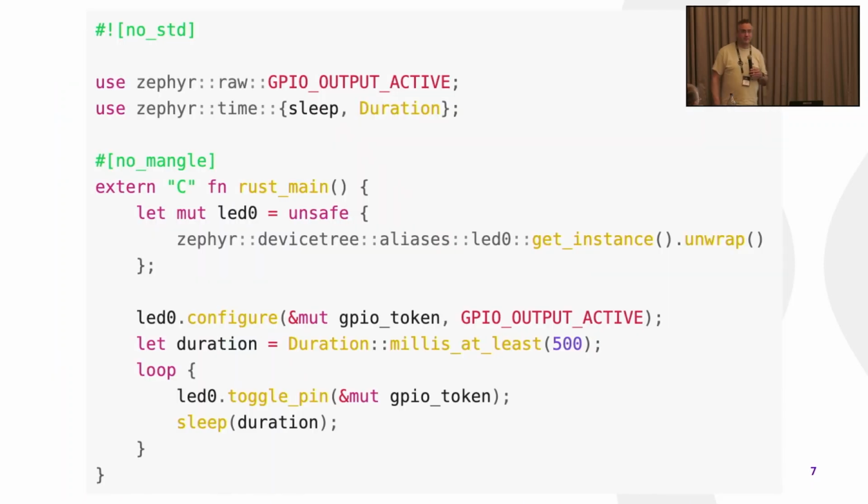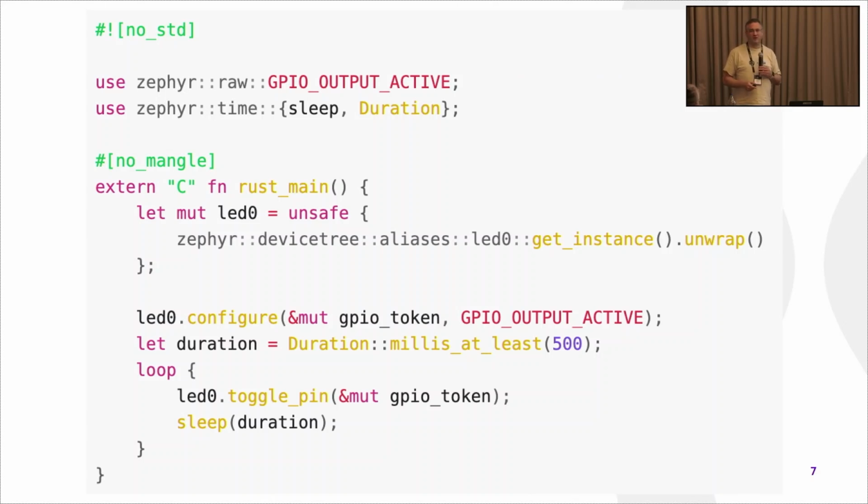So here's an example. This is real Rust code. I at least compiled this before I pasted it into the slide. So the first thing up here, no standard. So we don't use the standard library. Feel free to ask me why later. I won't completely go into it, but we're not a desktop OS, which is typically what's assumed with standard.